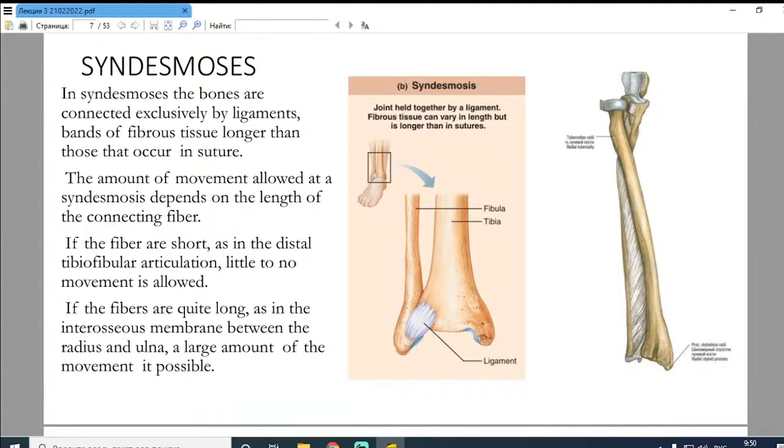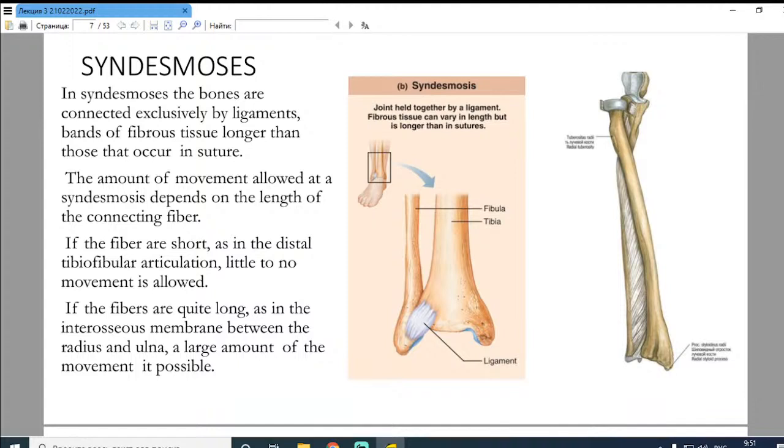If the fibers are short, as in the distal tibiofibular articulation, little to no movement is allowed. What you see, this is the tibiofibular articulation. This is syndesmosis. Ligament.